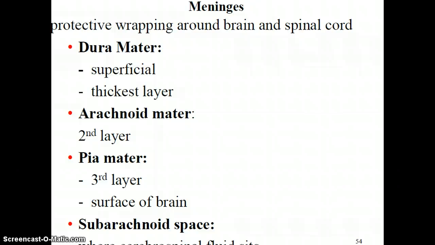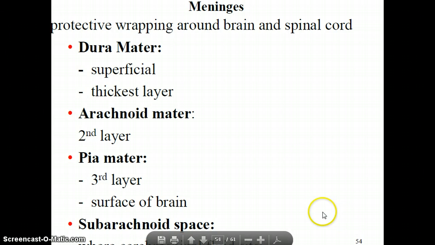The pia mater, pia literally means soft, mater means mother, so this is the softest of the meninges, and it adheres very closely to the surface of the brain into the gyri and sulci. And then the subarachnoid space is where the cerebrospinal fluid is located.